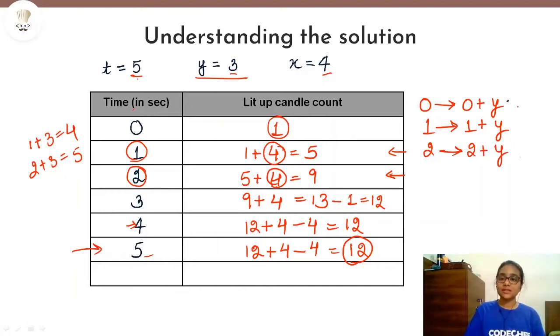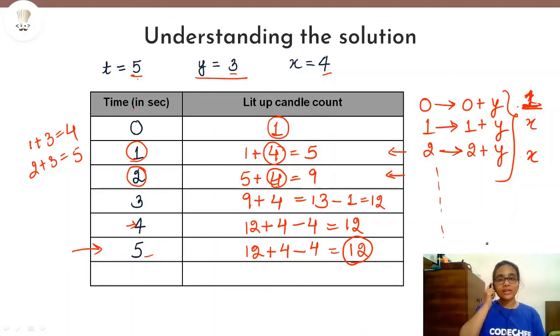In all of these categories, every time x candles will get extinguished, right? Because for every second, we always have a fixed number of candles that we are lighting up. So every time x candles are getting extinguished.